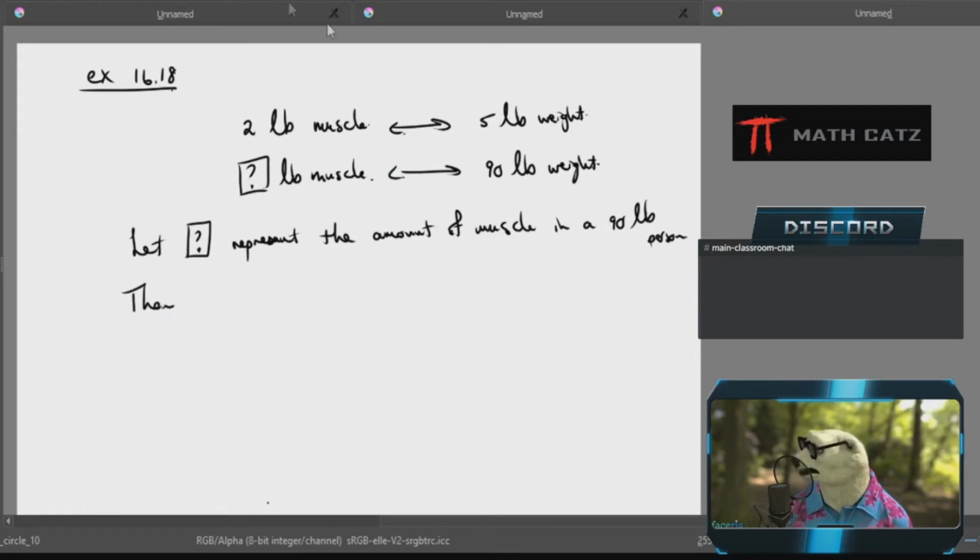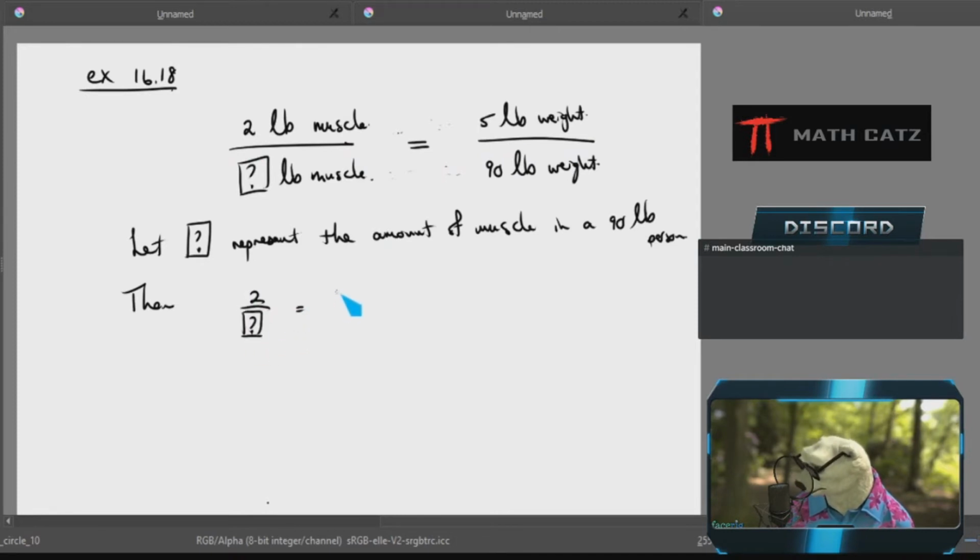Now I can use this setup to very easily show the ratio equation that is hiding behind this. Make a fraction, equal sign between. So 2 over question mark in a box equals 5 over 90. Can it be any easier?